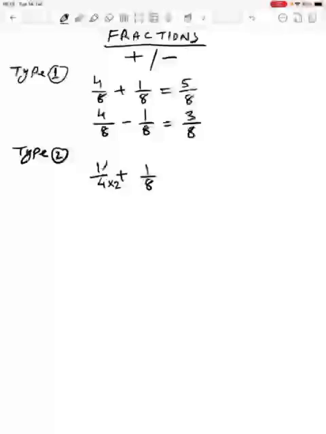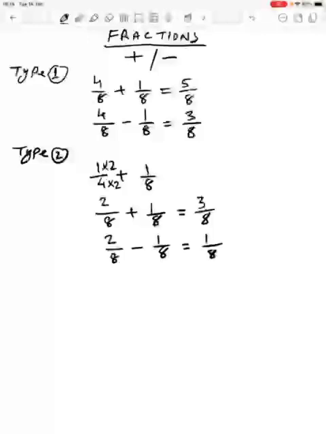So we must multiply the top with 2 and rewrite the fractions. 2 times 1 is 2/8 plus 1/8. Again, we have converted this into type 1, and you know how to do this. 2 plus 1 is 3, 3/8. And if it was a take away sum, you will have 1/8. Okay?